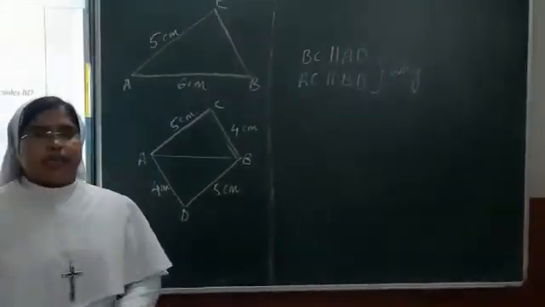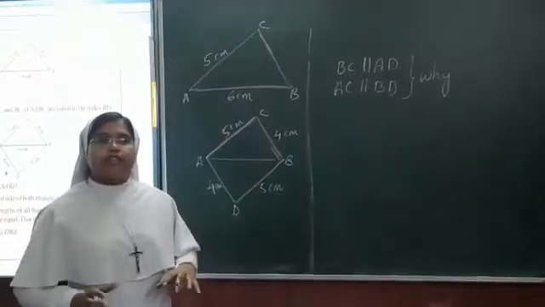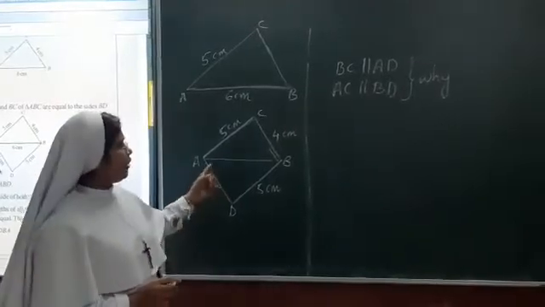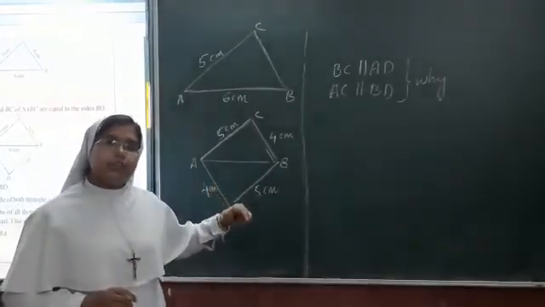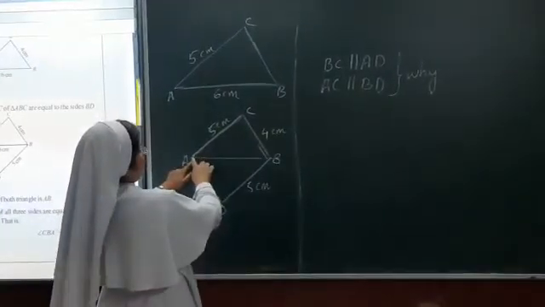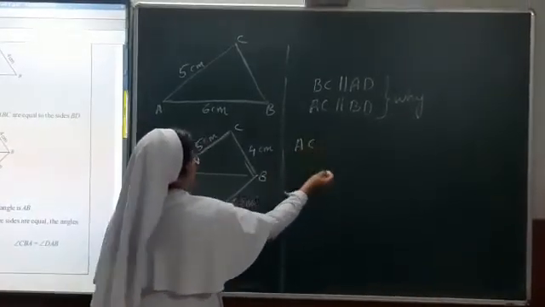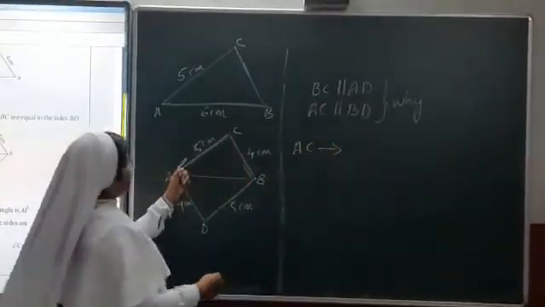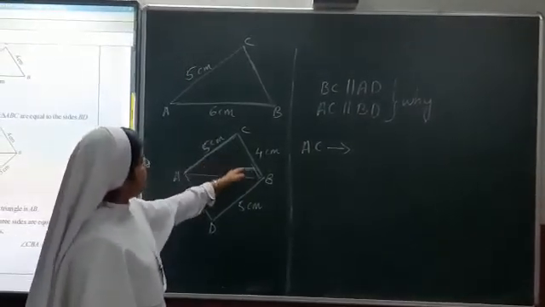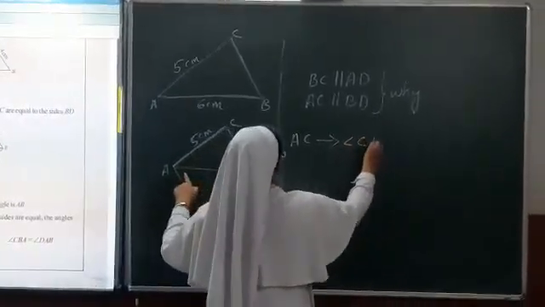Lines become parallel if the alternate angles are equal. Now we have to find out whether the alternate angles are equal or not. Let us consider the side AC. The angle opposite to that side AC is angle CBA.